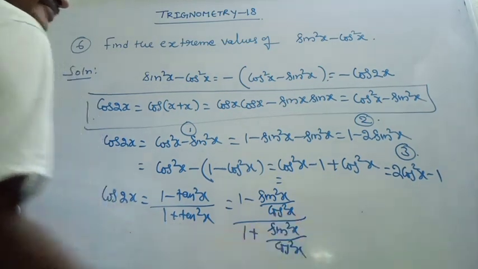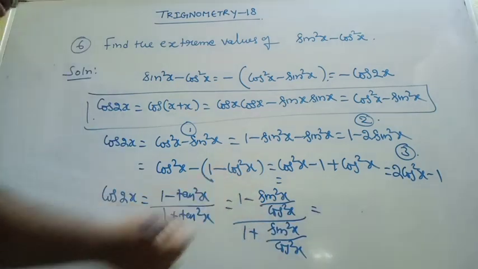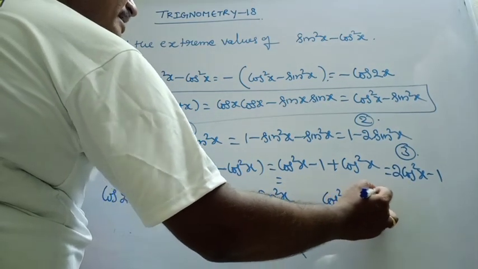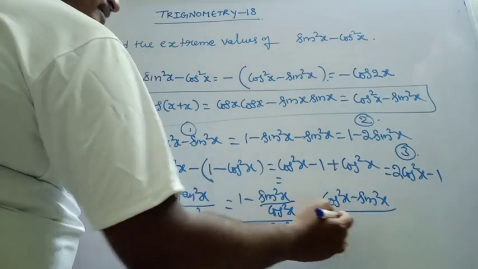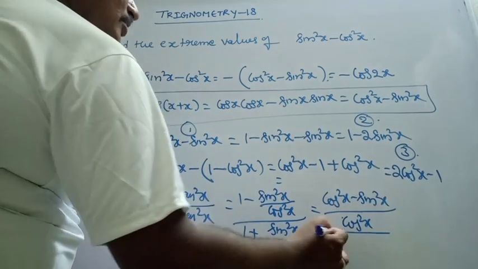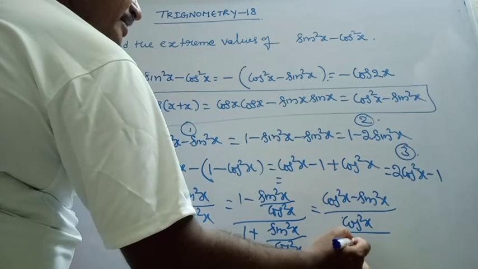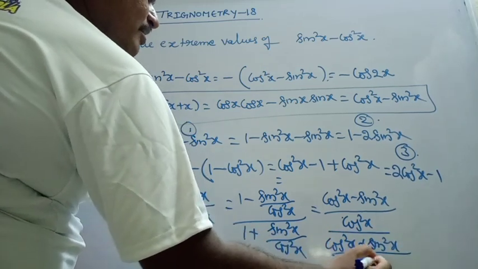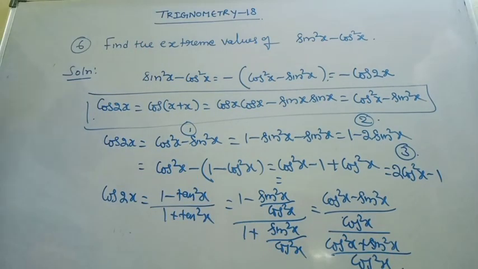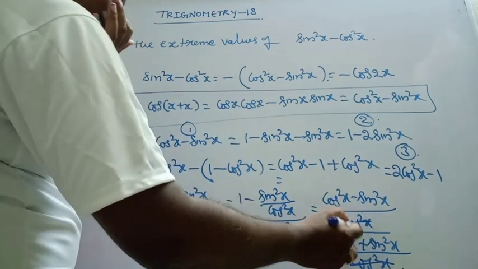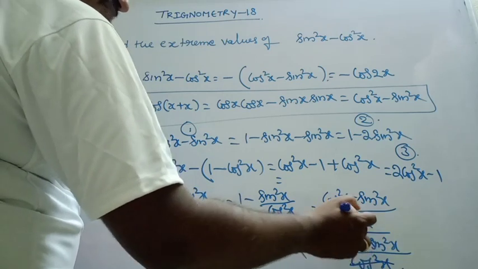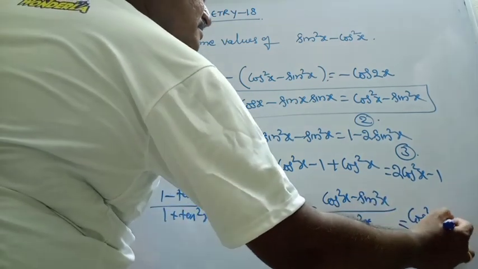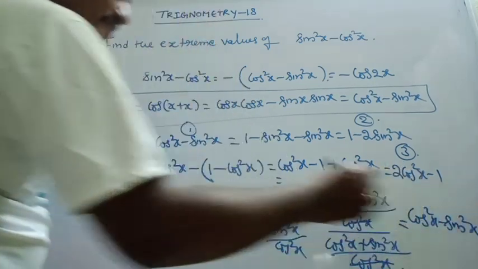Now if you take the LCM, we get cos square x minus sin square x, whole thing by cos square x, divided by cos square x plus sin square x, whole thing by cos square x. Now the cos square x cancels and cos square x plus sin square x becomes 1, and this becomes cos square x minus sin square x. This is, however, the cos 2x formula.